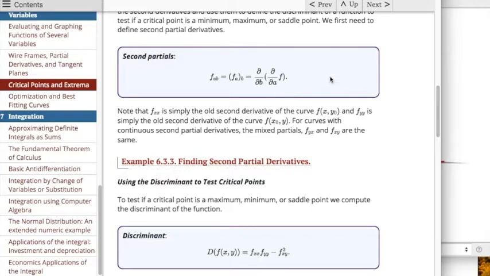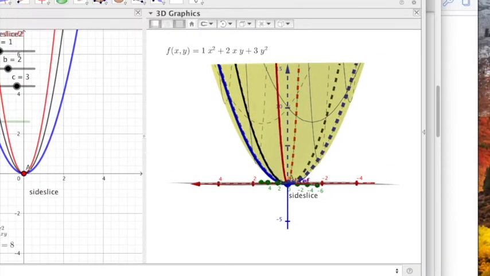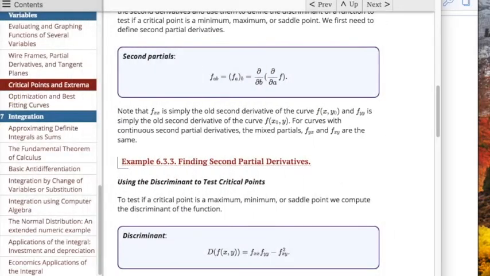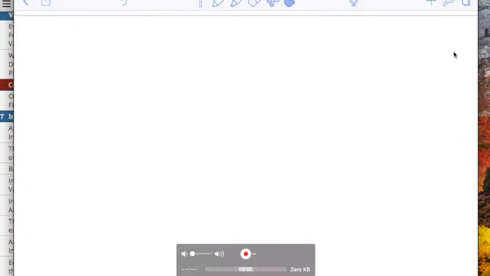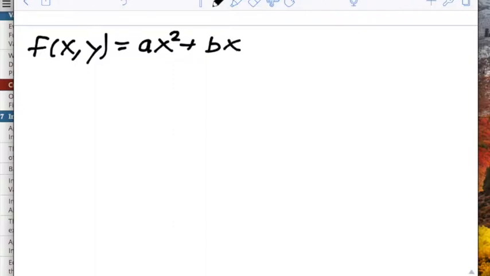So I'm going to look at my function. My function was x squared plus 2xy plus 3y squared. And I'm going to look at that as f of x, y equals ax squared plus bxy plus cy squared. I can compute the partial of f with respect to x.